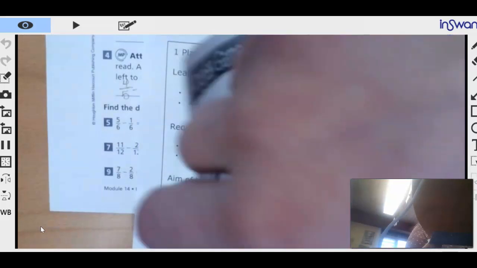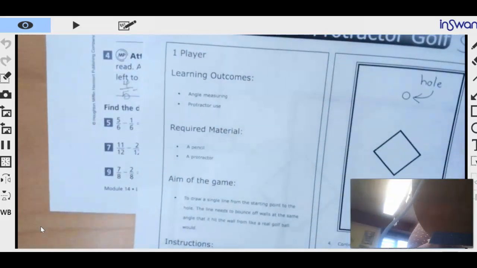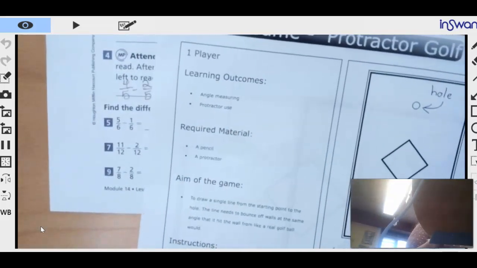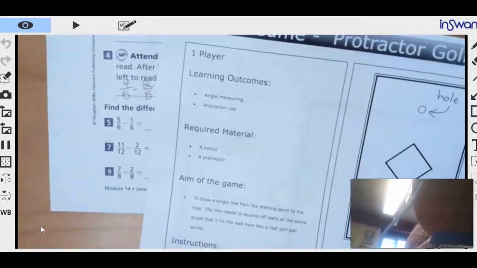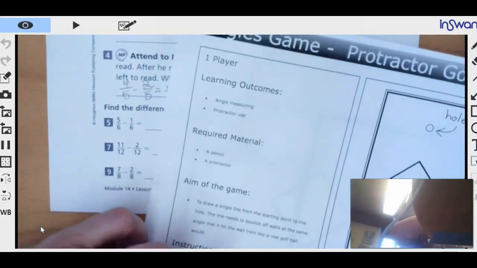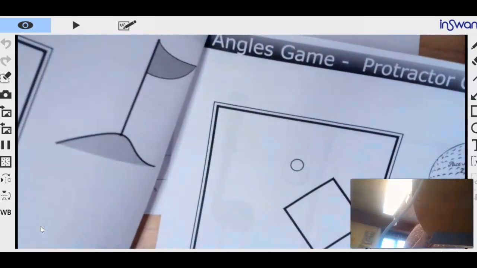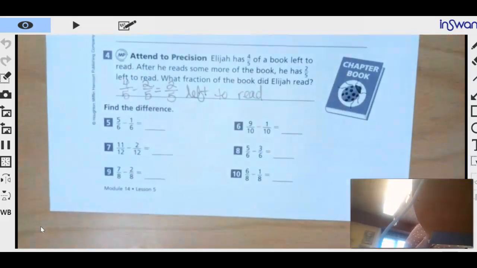Then use a protractor to measure the angle of the ball to hit the wall. Work out which angle the ball would then travel in. So you're going to estimate what you think this is, but then you're going to measure what this angle is. What would be my question for my word problem?